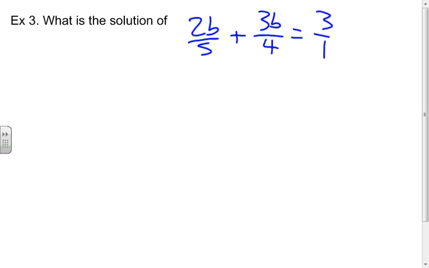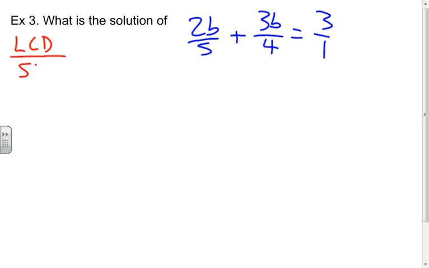What is the solution of 2b over 5 plus 3b over 4 equals 3, or 3 over 1? Okay? Look at my denominators. I have a 5, a 4, and a 1. If I'm trying to find the least common denominator, this is the way it was taught to me a long time ago.